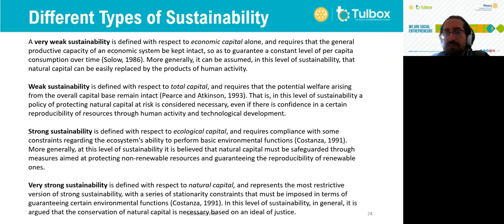And very strong sustainability is when it is defined also in relation to the natural capital. So the rate of consumption of our resources is not only related to the ecological capital, but considers also the non-renewable resources. And so we have the availability of non-renewable resources for a longer time.